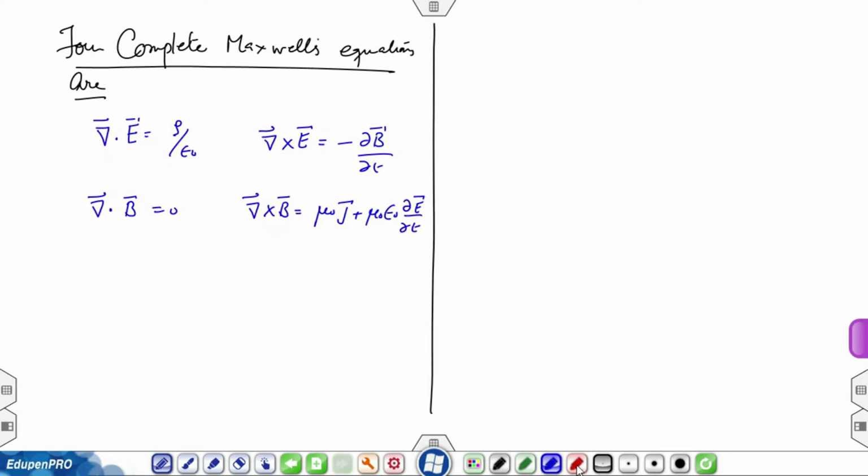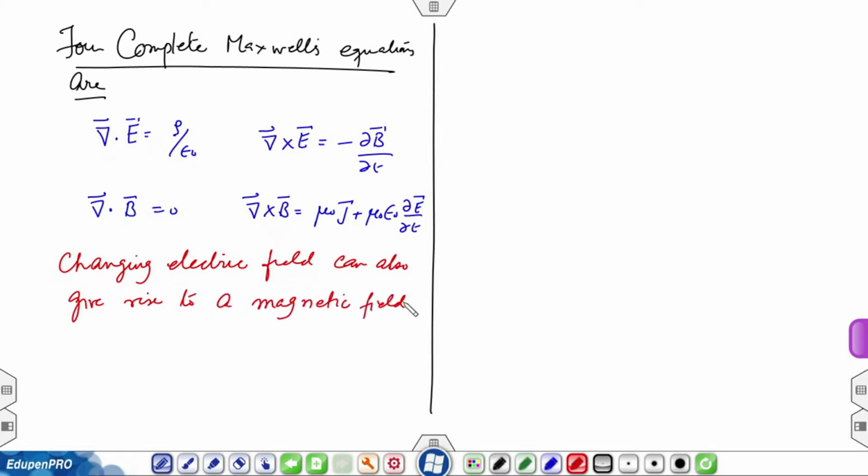So, what it means is that a changing electric field can also give rise to a magnetic field, just like a changing magnetic field gives an electric field.